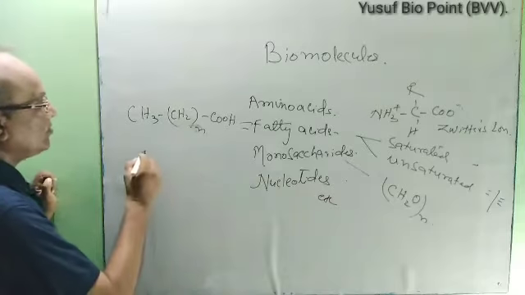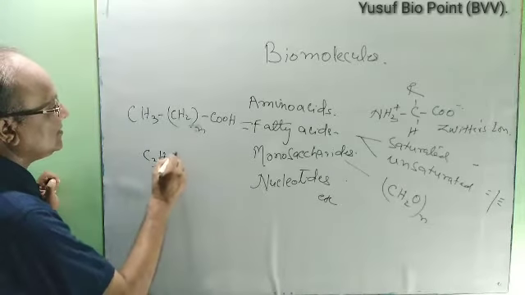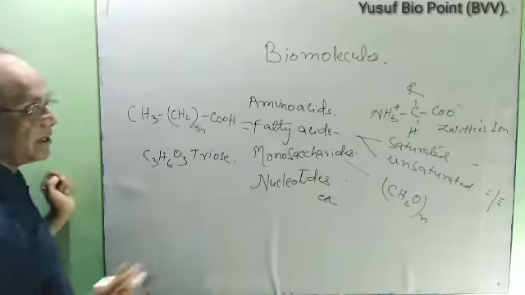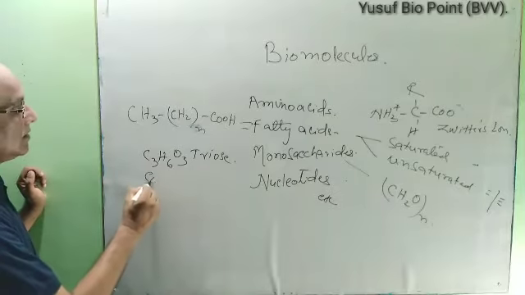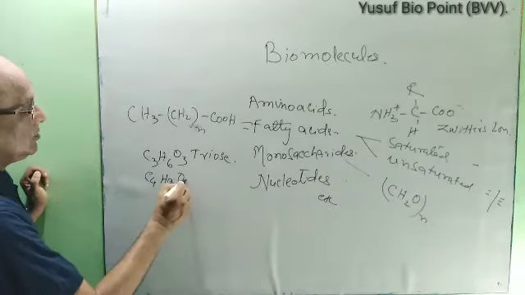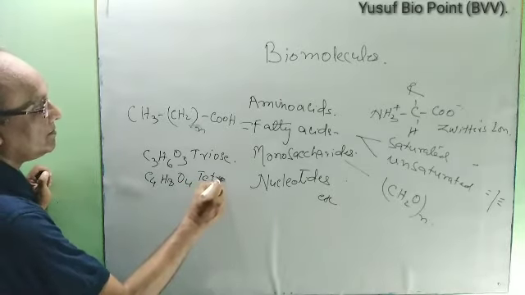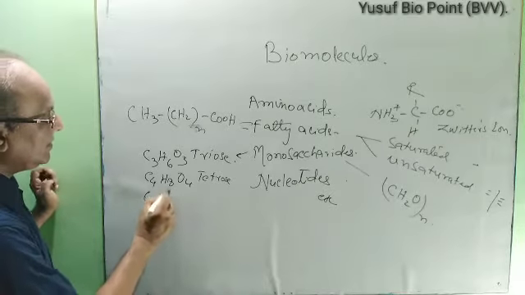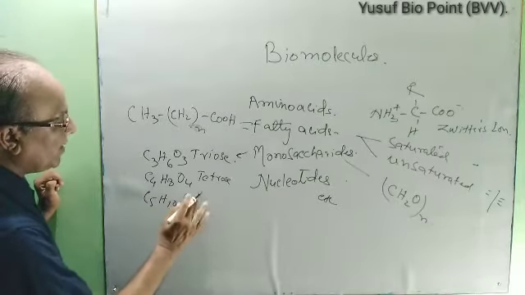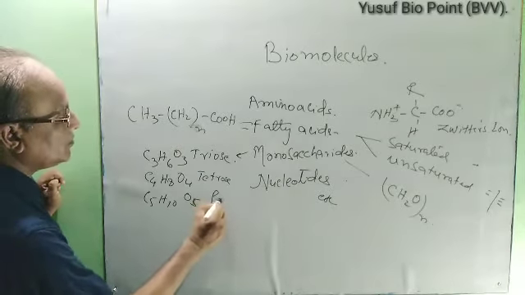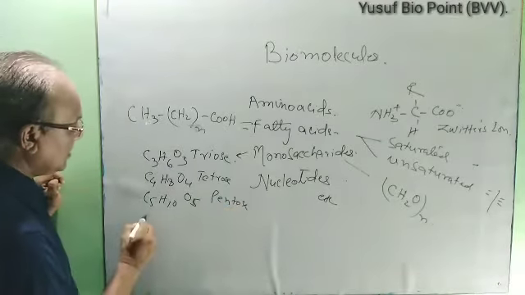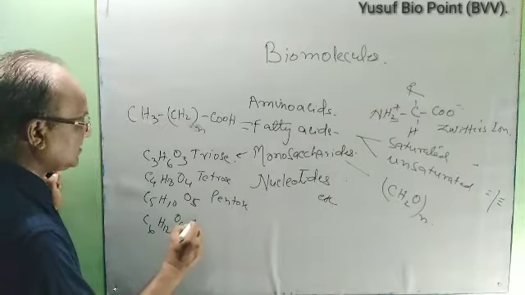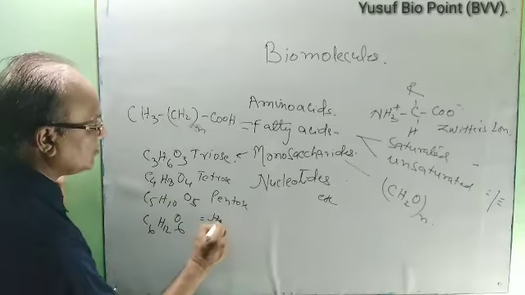The compounds may be C3H6O3, that is triose, C4H8O4, that is tetrose, C5H10O5, that is pentose, and C6H12O6, that is hexose.